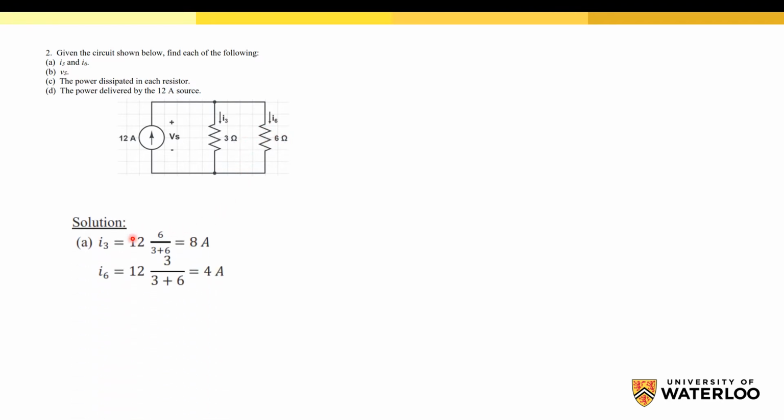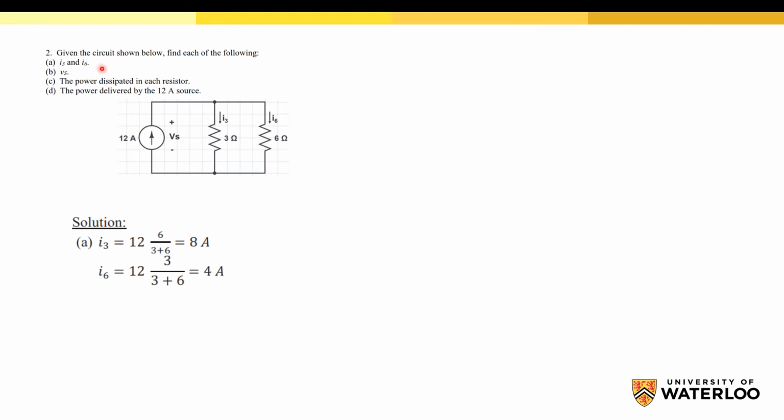So for I3, it will be 12 times the other resistor, which is 6, over the total, which is 6 plus 3. And for I6, we can do the same, 12 times the other resistor, which is 3, over the total. Also, we can calculate I6 equal to 12 minus I3 using the KCL.